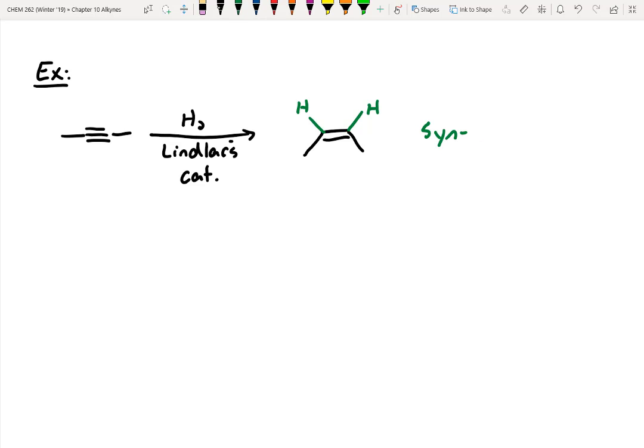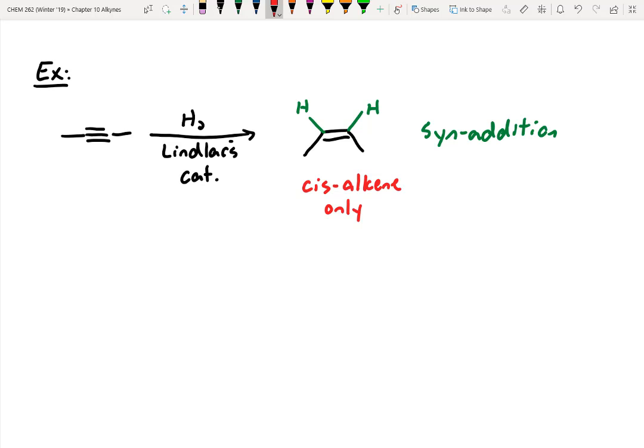Does that mean we're going to make a cis or a trans alkene? Yeah, we'll always get our cis alkene. We're not really going to go into the reaction mechanism for this. It's somewhat complicated. It's something you might cover in advanced organic chemistry.